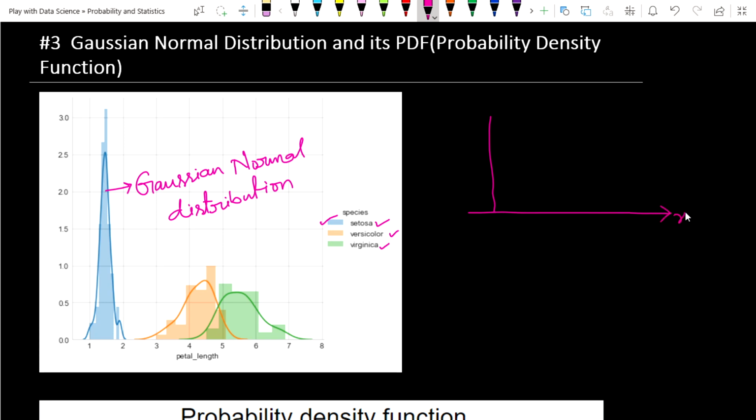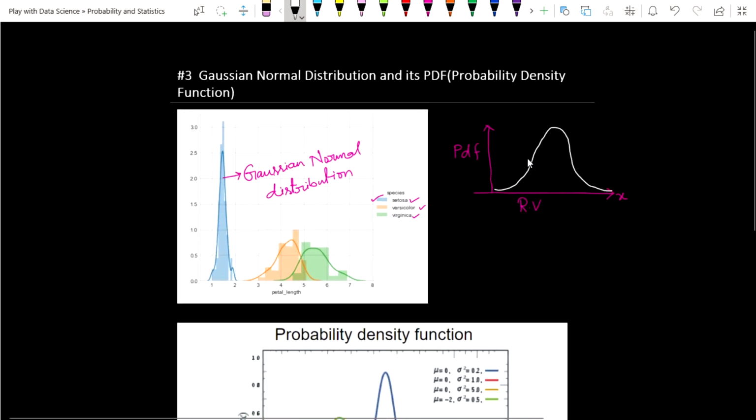Suppose x is a random variable, and if on the y-axis we plot the probability density function, then the plot will look like this. This is the simple probability density function of the random variable.